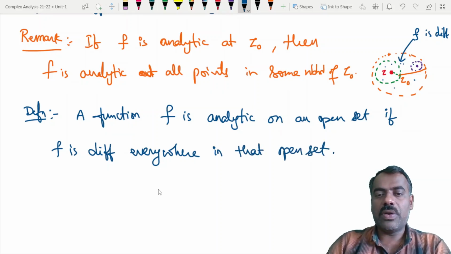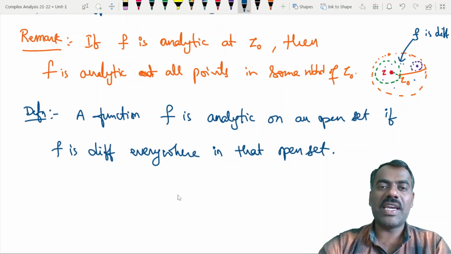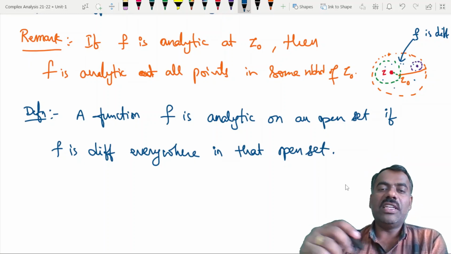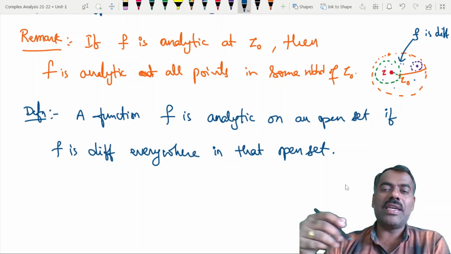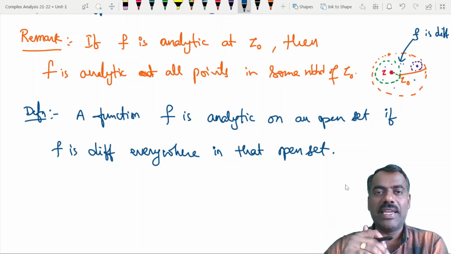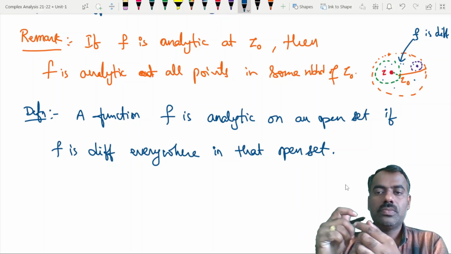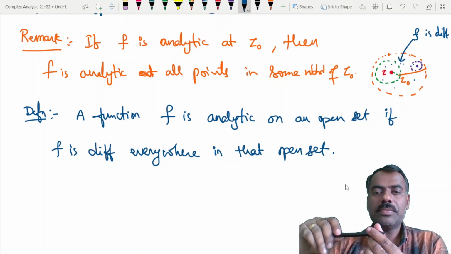So whenever we want to say that f is analytic on an open set, it must be differentiable at every point in that open set. Is that clear?